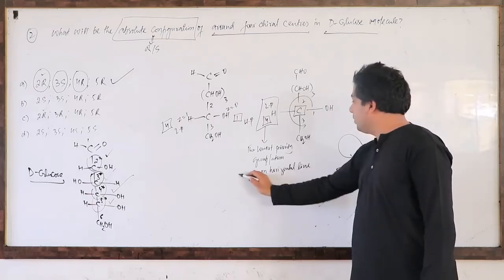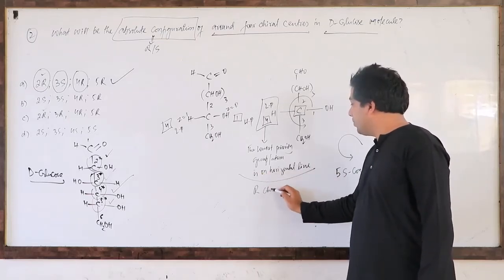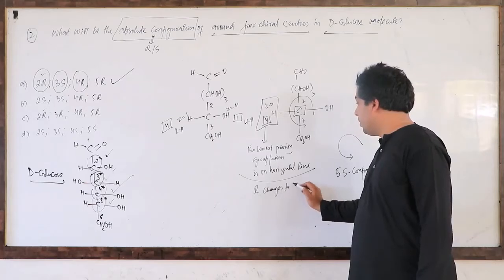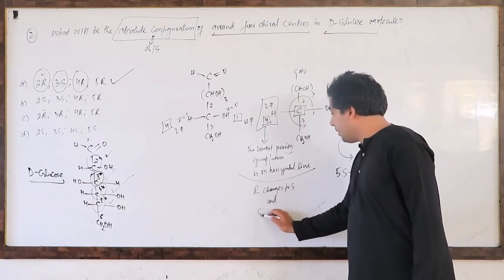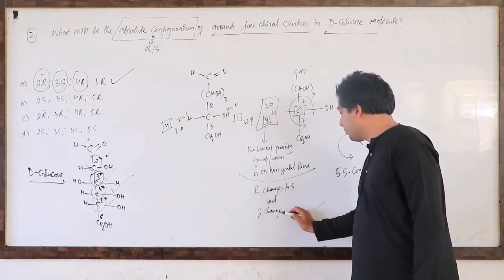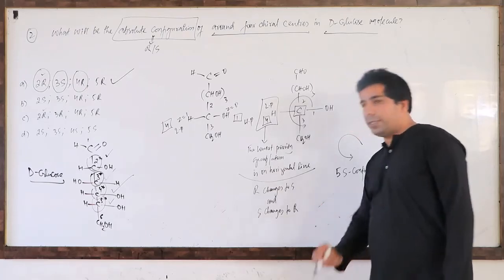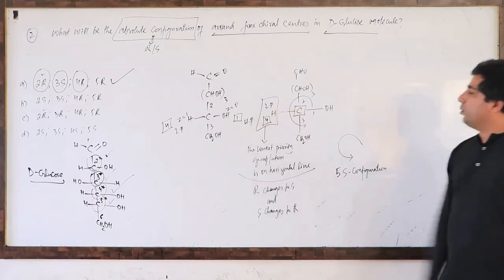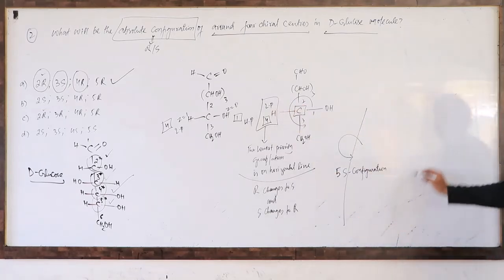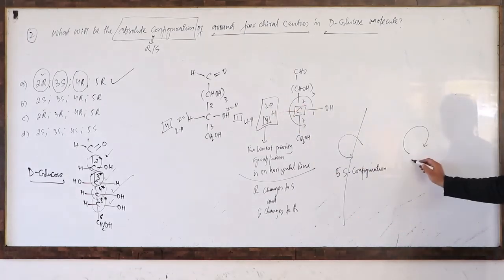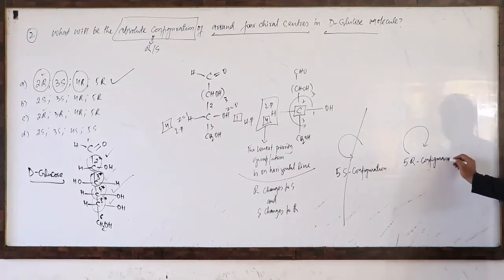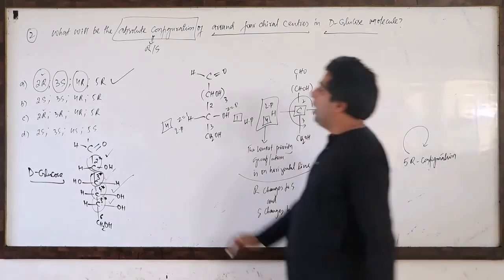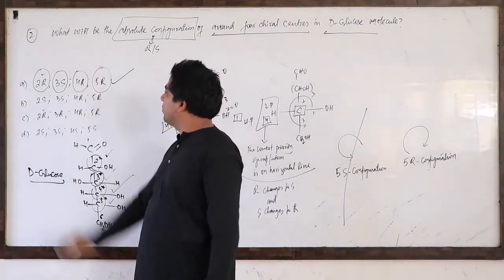So what will happen? R will change to S and S will change to R. Correct? So this is on the horizontal line, lowest priority, so it will change to R configuration, which is 5R, because it's the 5th carbon in glucose. So 5R will be the configuration here.